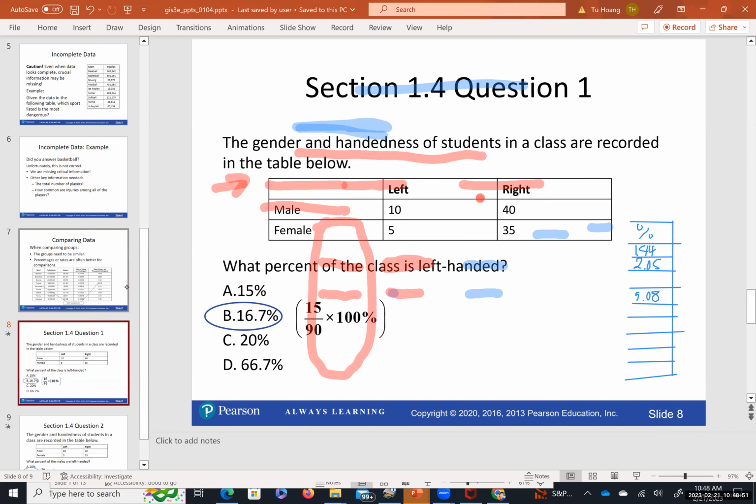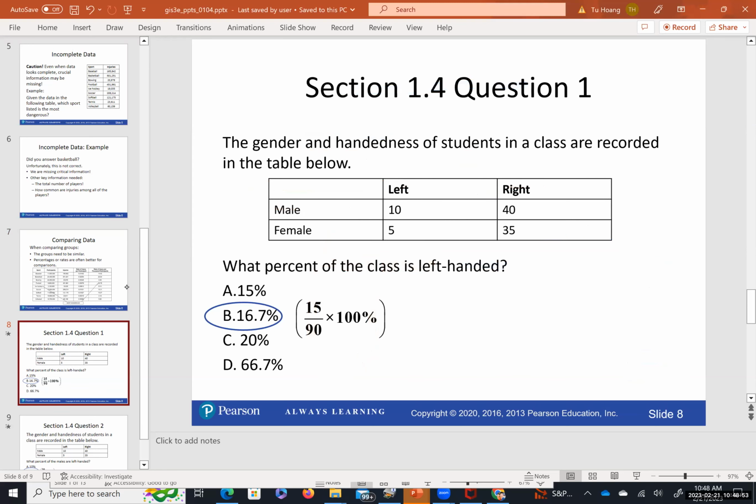So now for gender and handedness of students in a class recorded in the table below. The question says, what percent of the class is left-handed, right?